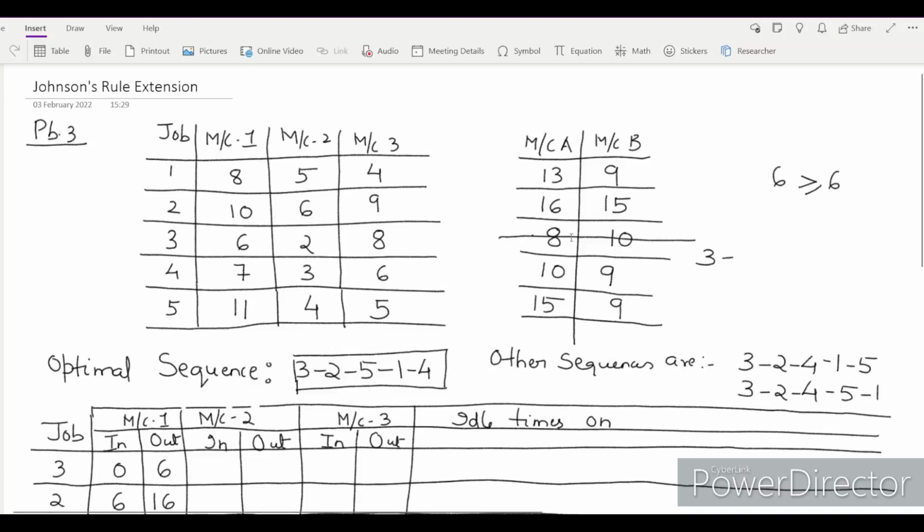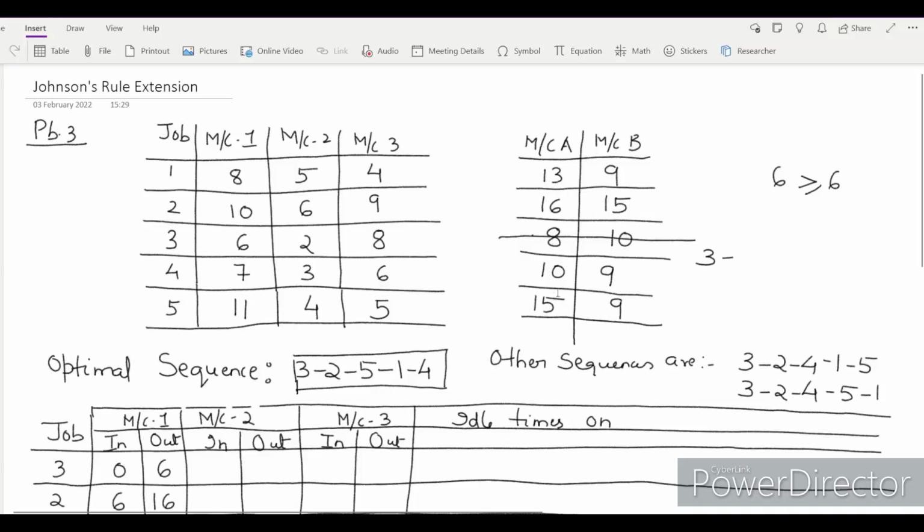Next, you can see the confusion. The next smallest timing is 9. You have three 9s, for job number 1, job number 4, and job number 5. Here there was confusion among students about which one to consider. These three 9s have timings 13, 10 and 15.